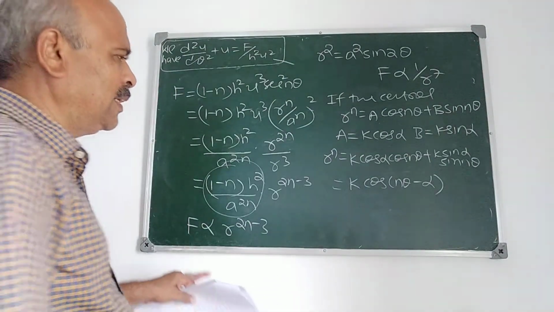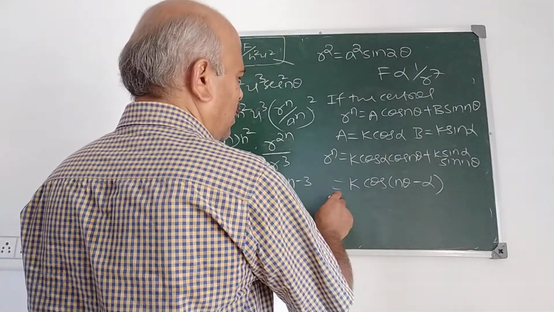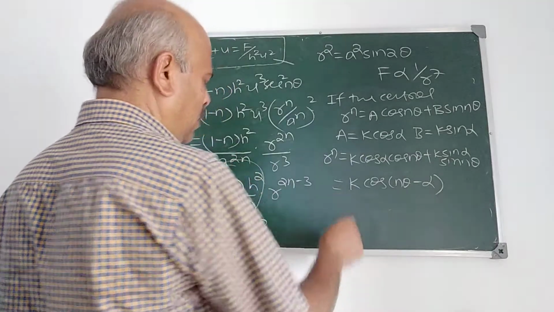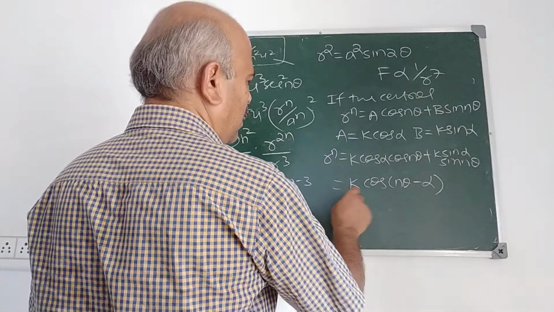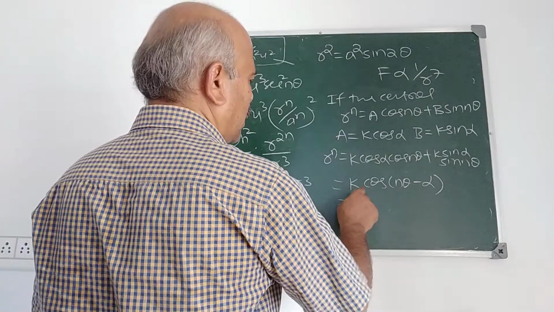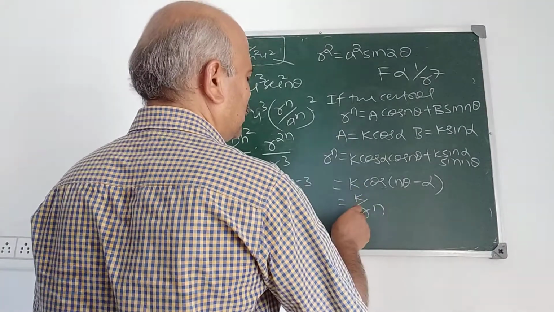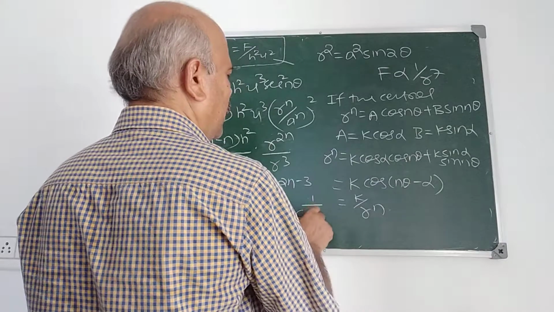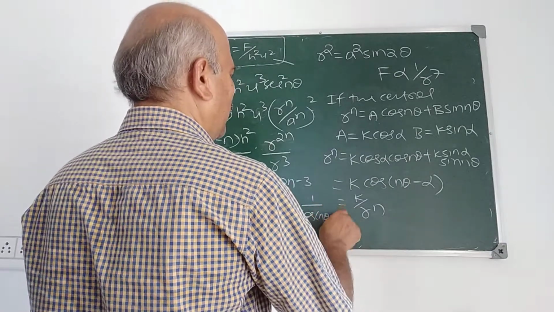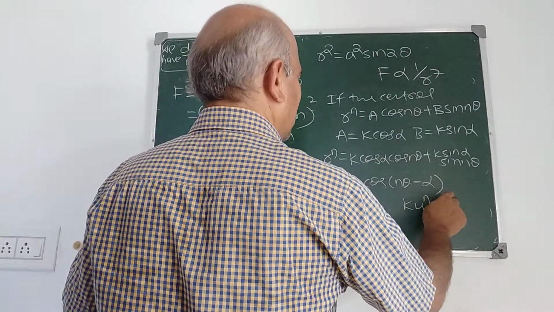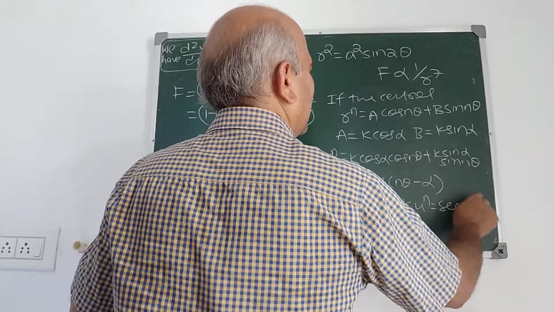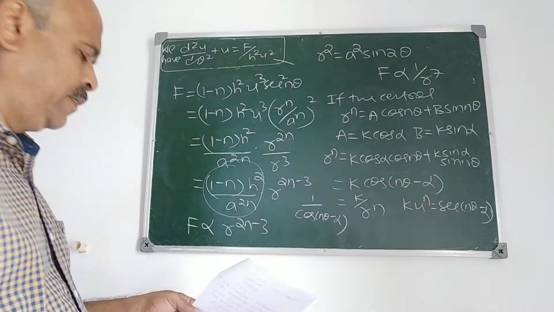Therefore, k by r raised to n is 1 upon cos of n theta minus alpha. Therefore, k into u raised to n is sec of n theta minus alpha.